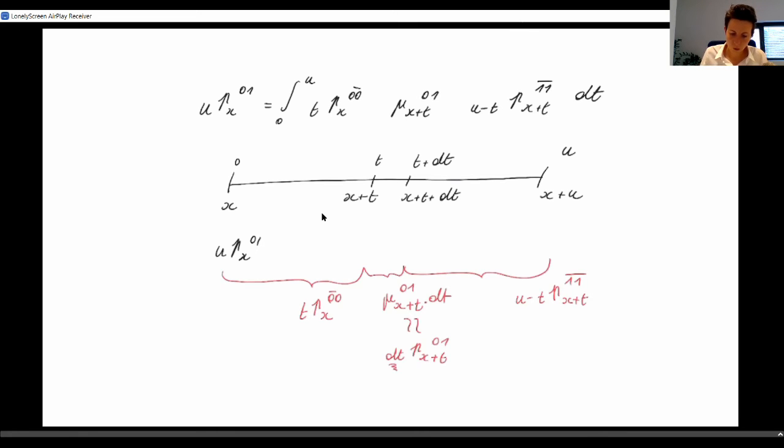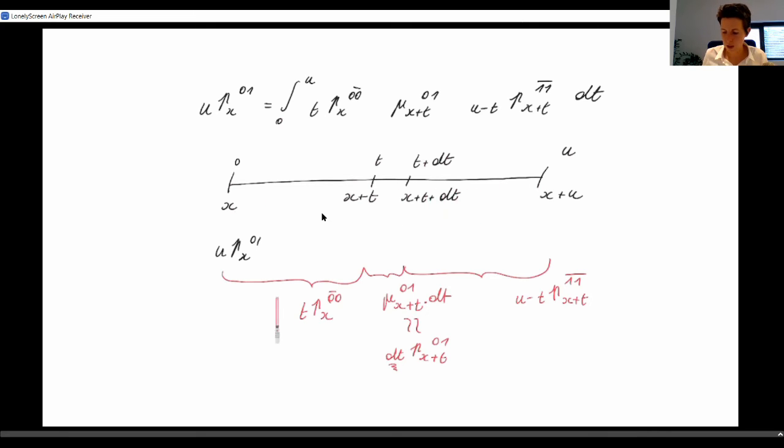Then where is this integral coming from, the integral over t? Well, essentially we say this time point t at which you make the transition from 0 to 1 can be put anywhere between 0 and u. But it should happen at some point t between 0 and u.